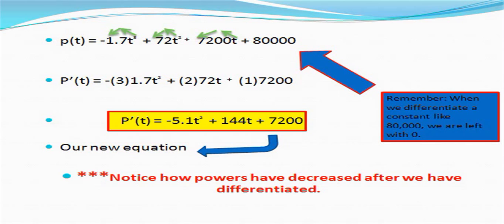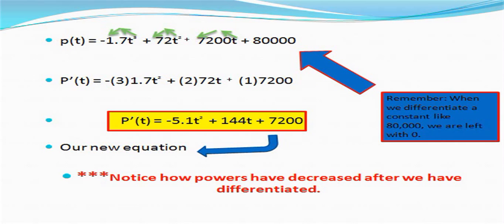We bring the 3 down to multiply it by the minus 1.7, and we get minus 3 multiplied by 1.7t squared. Then in 72t squared we'll bring the 2 down and multiply it by the 72 to get 2 by 72t. Remember the t squared has been reduced to t to the power of 1.